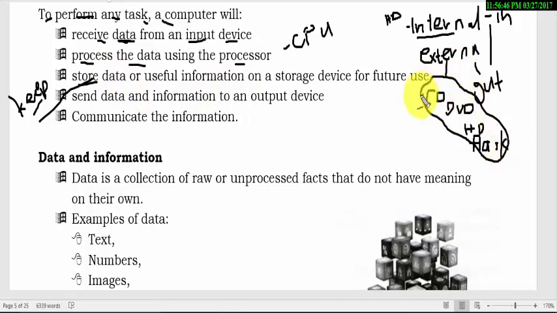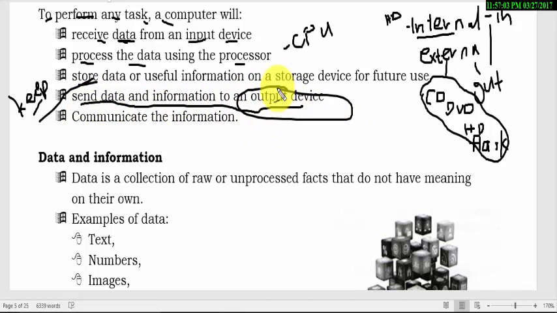So after that data has been stored, you command the computer, the computer processes it, and then you store it. That work can be sent to an output device.